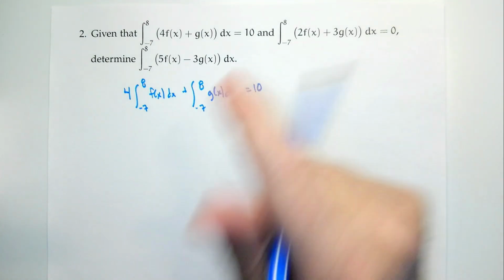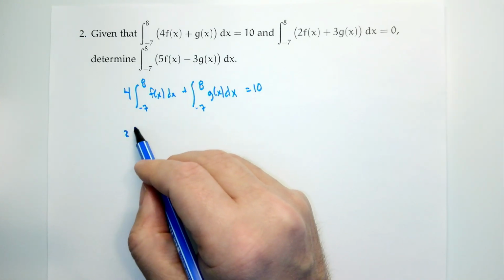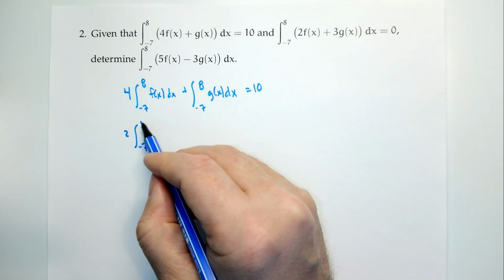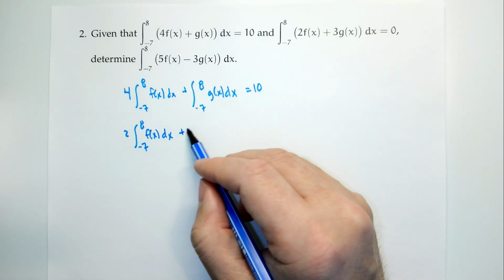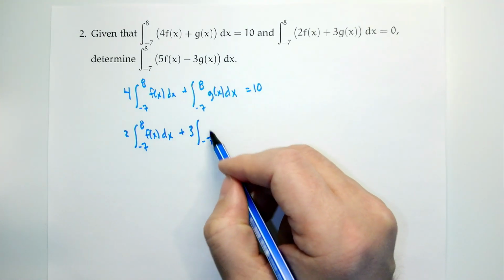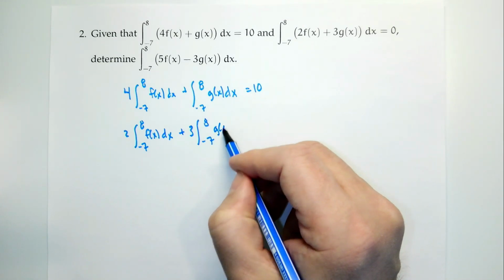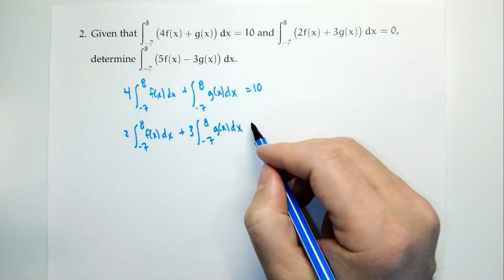And I'll do the same thing here. 2 times the integral from negative 7 to 8 of f of x plus 3 times the integral from negative 7 to 8 of g of x would produce 0.